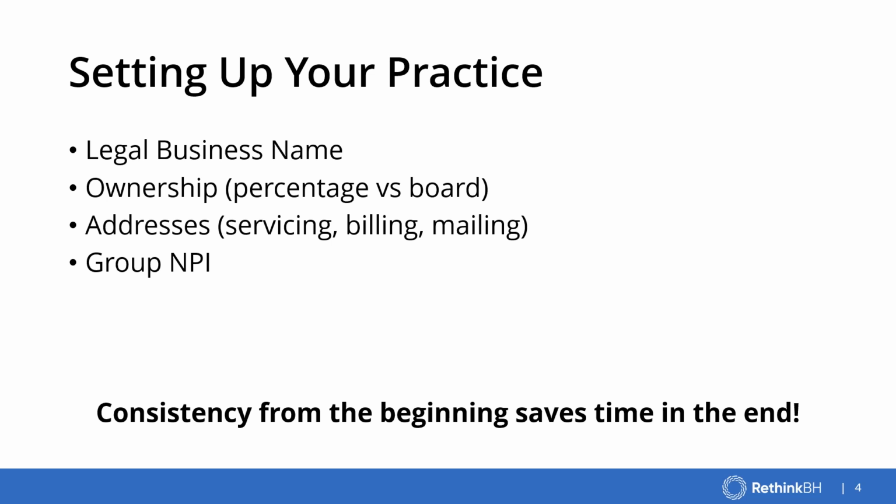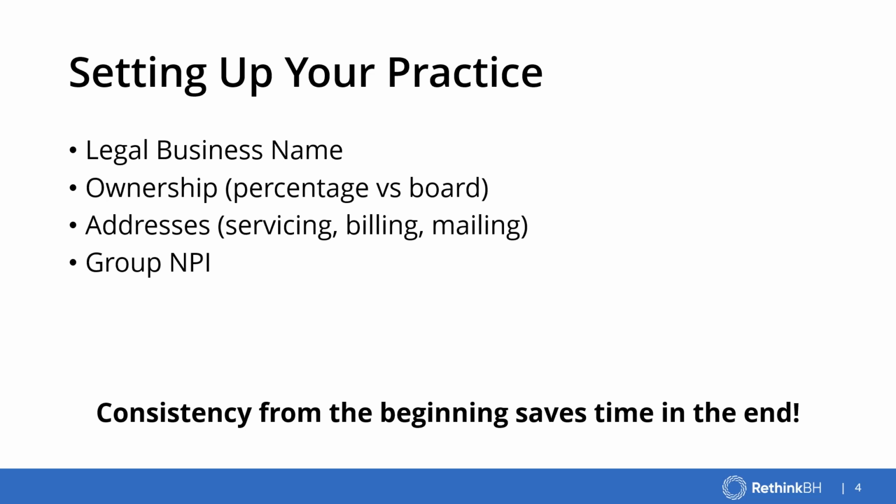The servicing address is where you'll potentially be seeing members, a billing address for payments to be made out to, and a mailing address. Typically, the billing and the mailing address have to match, but they can be different from the servicing location. The servicing location cannot be a P.O. box.